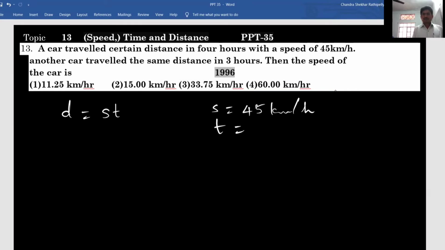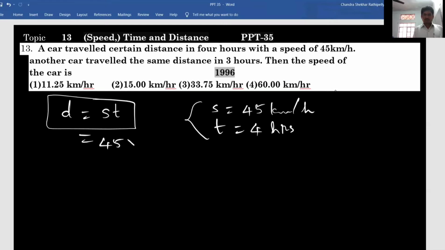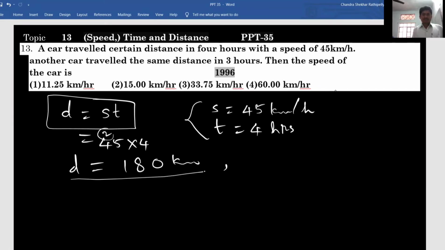Substituting: 45 times 4 is 180 kilometers. So this is the distance.